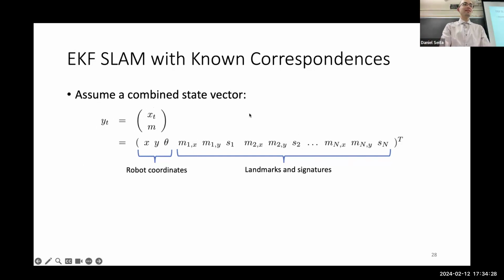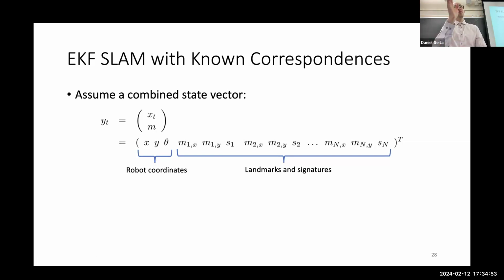Yeah. What is the meaning of the signature? Yeah, it's the way we mark the landmarks. We recognize landmarks. The signature is just a way to identify the landmark in some sense.